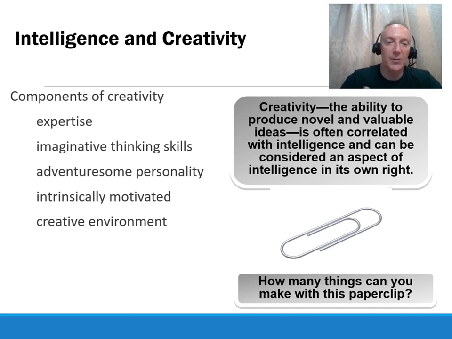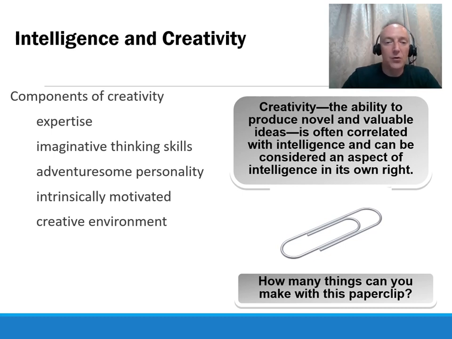I would show you a common object like a paperclip and have everybody in the class write down as many uses of a paperclip as they could think of. And then after everyone writes their list, we go around the room, everyone reads the list, and I say, every time you hear something that someone has said that is on your list, everybody scratch it off, and you can't count it. And whoever is left in the end with something still on their list would be considered the most creative.